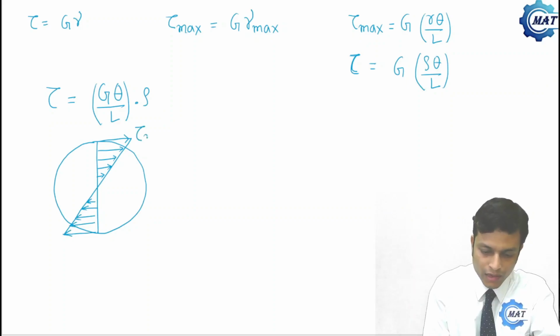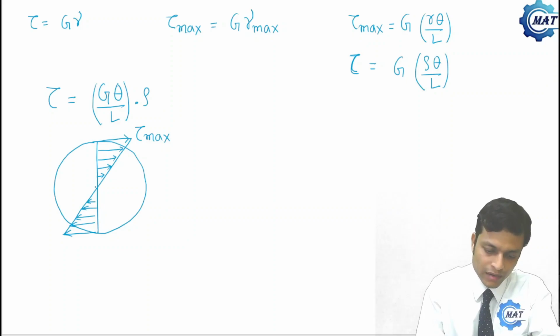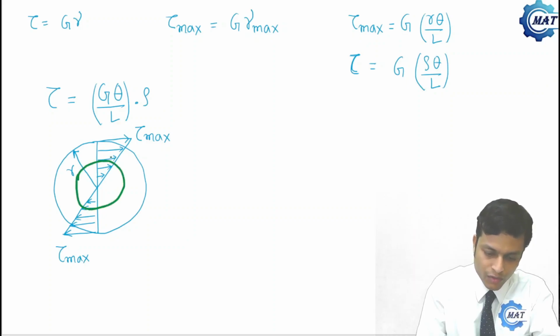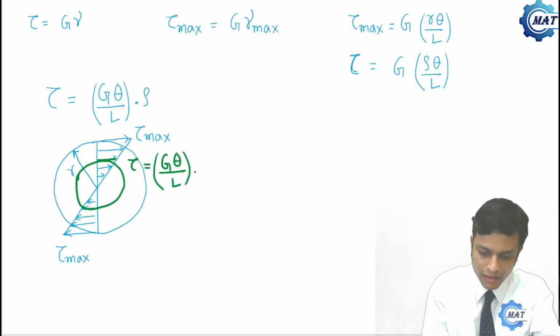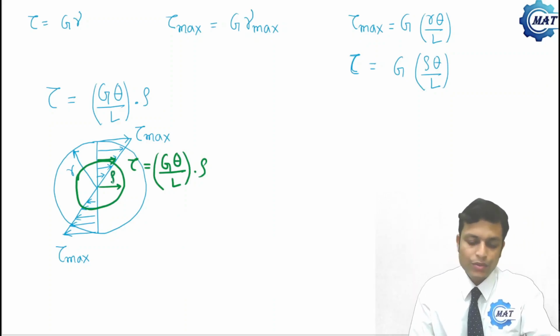Here tau max is at radius r, the radius of the shaft, and at any radius rho, here tau is G theta by L into rho. So here it is tau, that radius is rho. So this is the distribution of shear stress.